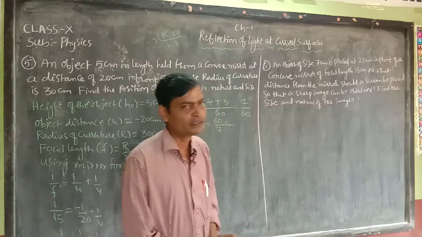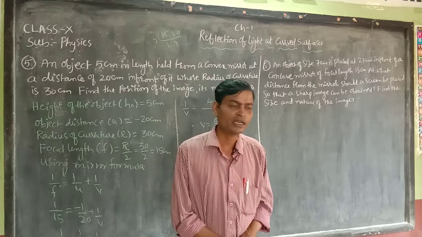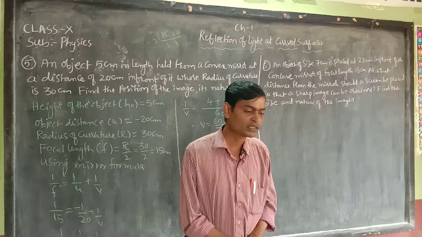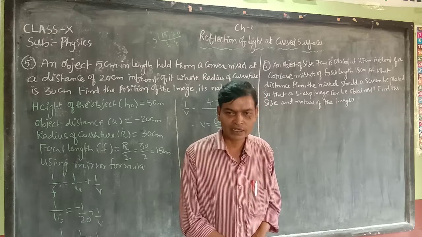We already studied earlier that in the case of a convex mirror, the image always forms behind the mirror, which is virtual, erect and small in size. So we can write here: the image forms behind the mirror, which is virtual, erect and small in size.